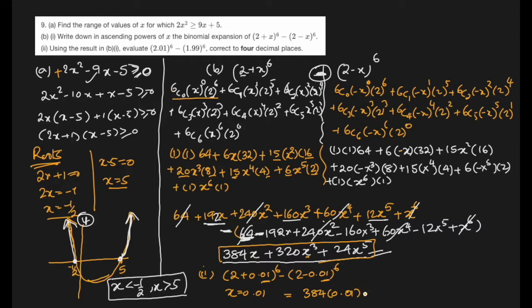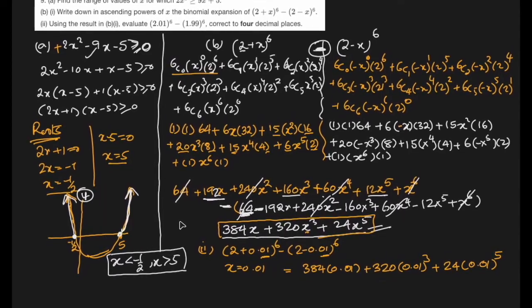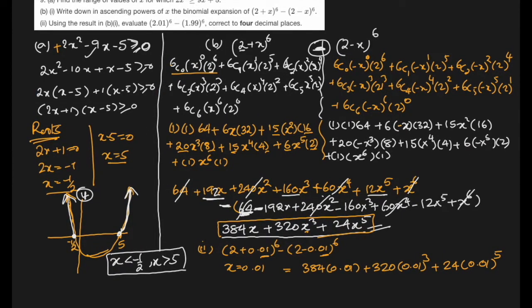Just 1. Plus 320 times 0.01 cube, and then plus 24 times 0.01 to the power 5. Now we can just expand them and find the answer.